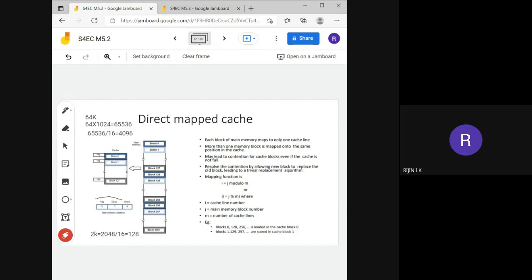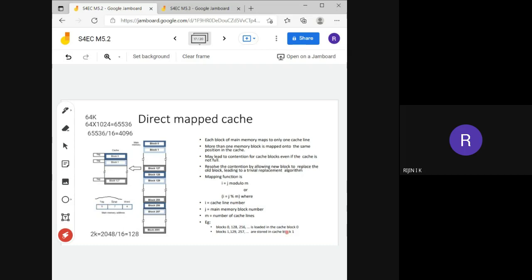Then the last one is the tag bit. In this example it is 5. This tag bit represents which among the main memory blocks reside in this cache memory.